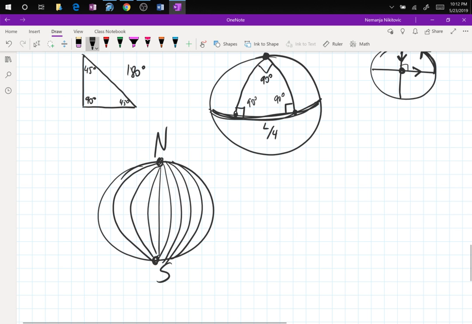So it's longer. The way to find the shortest distance on the surface of the planet is you need two locations, let's say New York and London, and then you need the center of the Earth, and then you create a plane.